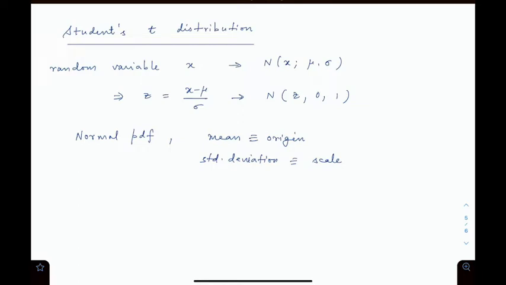When we analyze data, we may not know the standard deviation. So we may then remove the scale dependence by using the sample standard deviation instead of the parent standard deviation. Similarly, we may not know the parent mean and we'll use the sample mean instead.